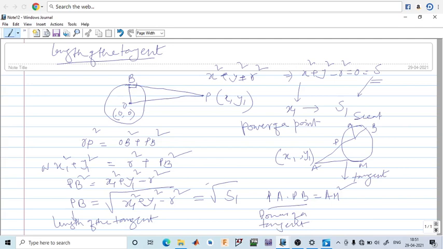That is, AM square means the square of the distance, that is the tangent length. And what will be the tangent length? We know that it is x1 square plus y1 square minus r square.